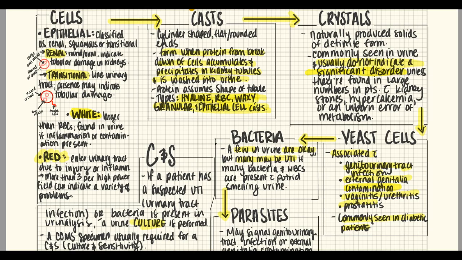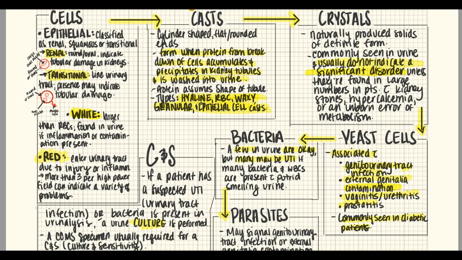They form when protein from the breakdown of cells accumulates and precipitates in the kidney tubules, sorry about that, and then it is washed into the urine. So when the cells break down and the protein from that process builds up and kind of gets stuck in the kidney tubules, and then it's washed into the urine.